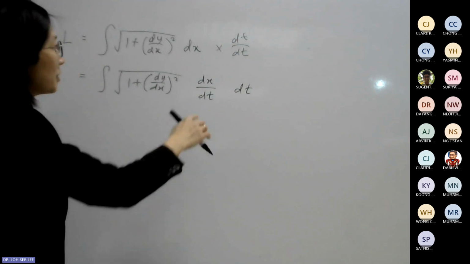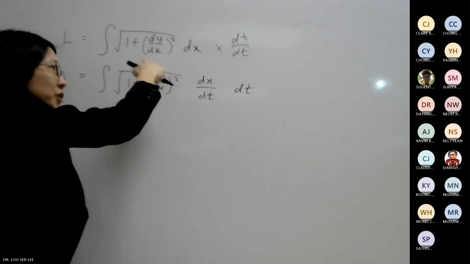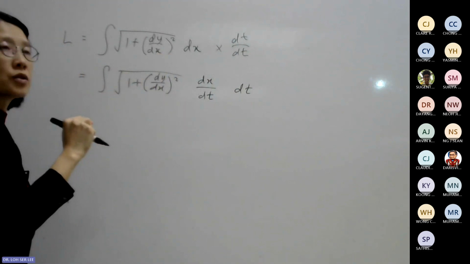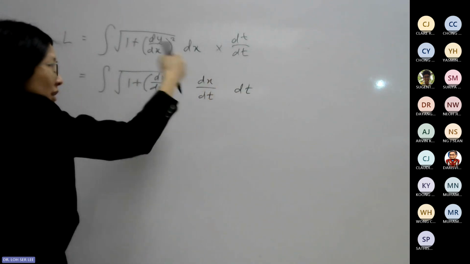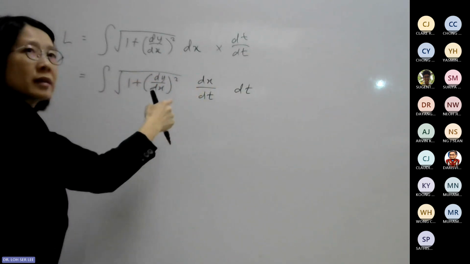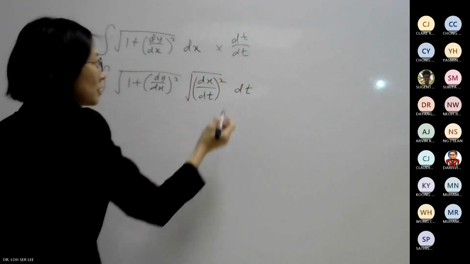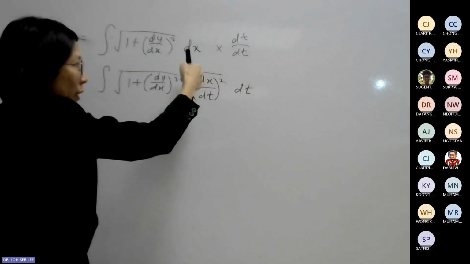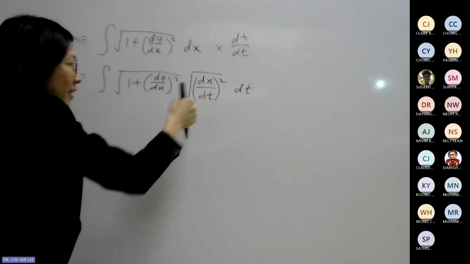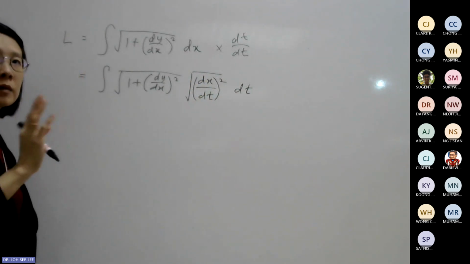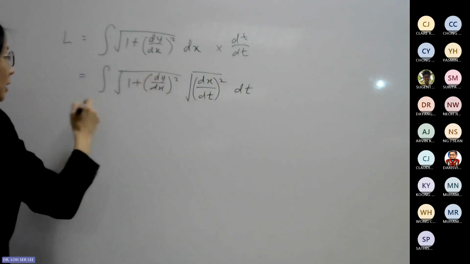Now we want to combine this into this square root. If you want to put this into the square root, you have to square this one and then put a square root, right? So that after you cancel the square root with the square, you still have the same thing. We do not change anything, we just want to combine this into here.